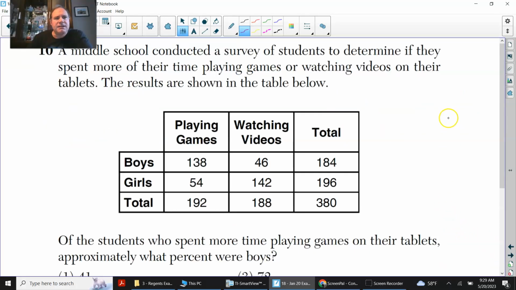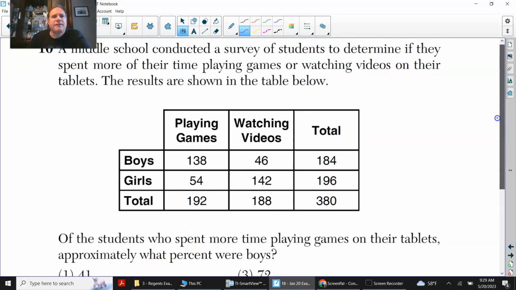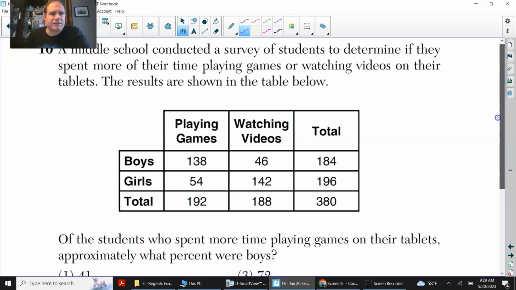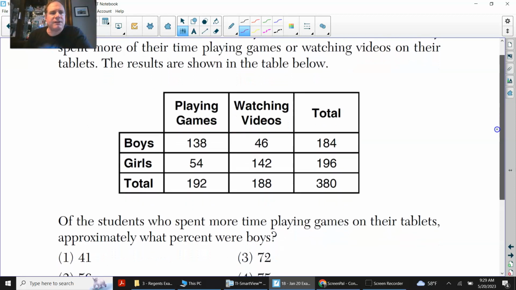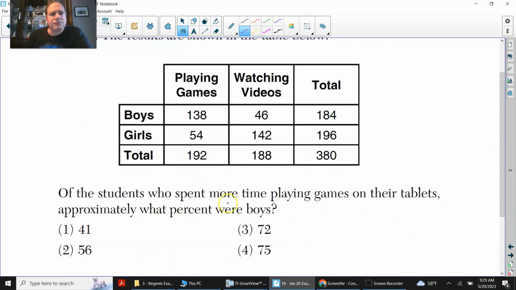So for number 10, this is a two-way table. A middle school conducted a survey of students to determine if they spent more time playing games or watching videos on their tablets. The results are shown in the table below. Of the students who spent more time playing games on their tablets, remember, you always set up a fraction with part over whole.